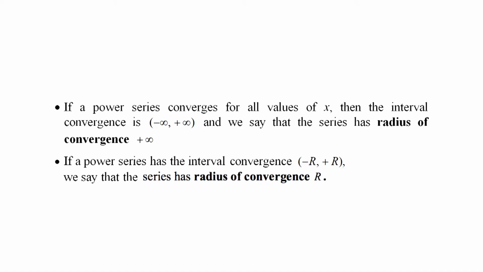If a power series converges for all values of x, then the interval of convergence is the open interval negative infinity, positive infinity, and we say that the series has radius of convergence positive infinity. If a power series has the interval of convergence open interval negative r, positive r, we say that the series has radius of convergence r.